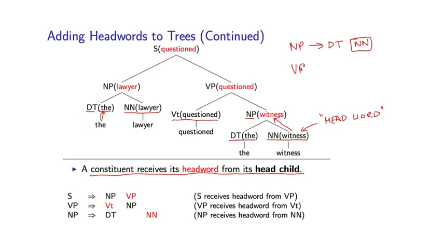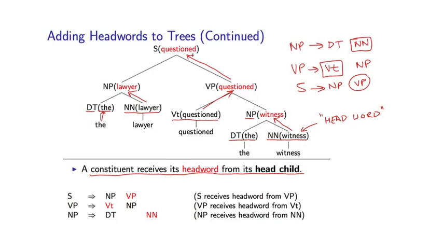Similarly, if we look at VP goes to VT NP, let's say for the sake of argument that VT has been identified as the head of this rule, that means that this VP gets the word questioned from that. We have a similar step here. And finally, if we have S goes to NP VP, let's assume that the VP is the head, and so this lexical item gets propagated up through here.